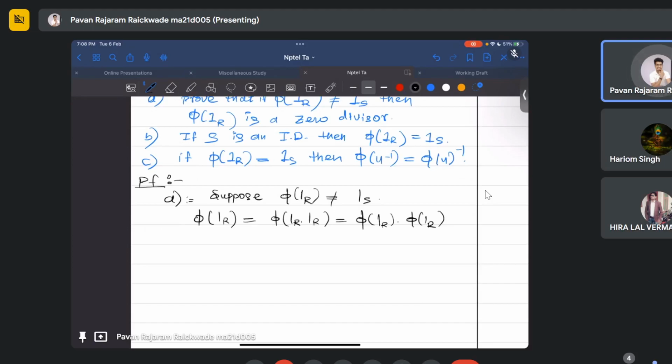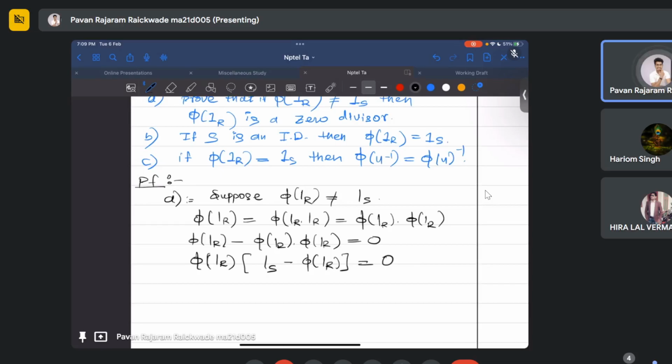Anybody has any idea on how to prove this? Okay, I can just write it here. Phi 1R minus phi 1R into phi 1R, this is 0, which is simply phi 1R times 1S minus phi 1R.